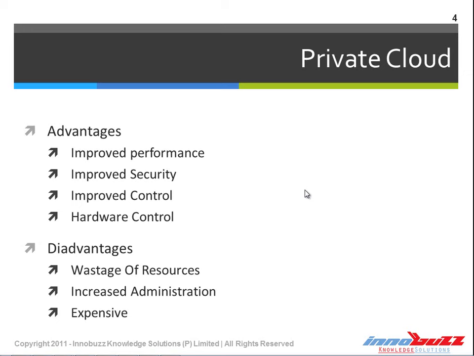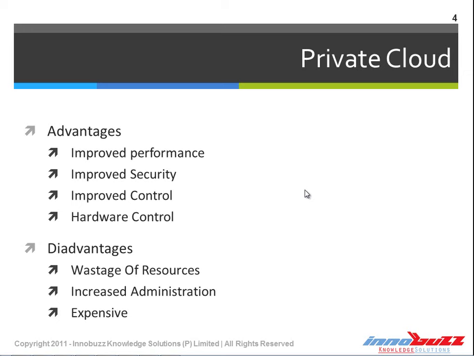And it is also expensive. We need to set up infrastructure for the CPU, the RAM, and the storage. For all these parameters, we need to purchase the hardware and set it up, and also spend money on managing this infrastructure in the form of human resources, and on the building in which we are running the private cloud.